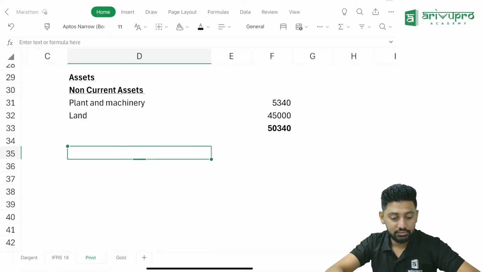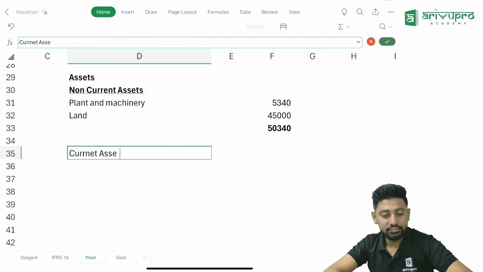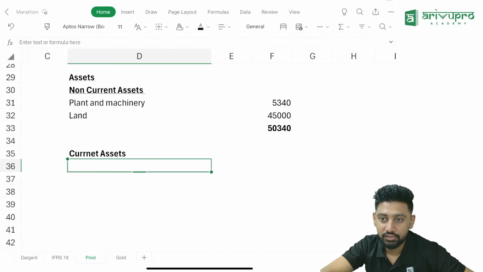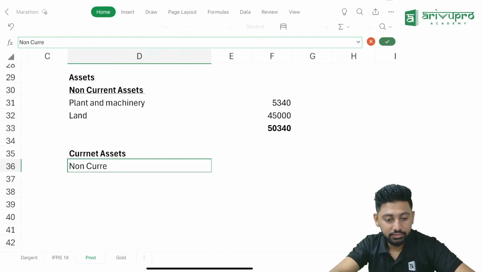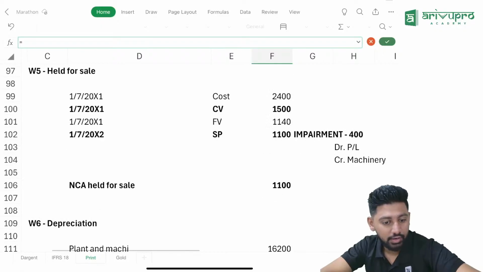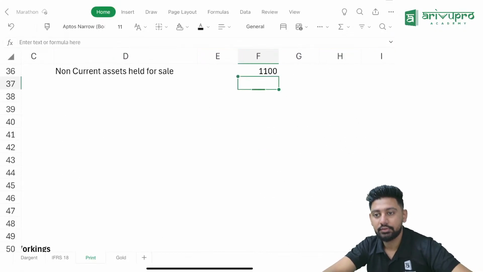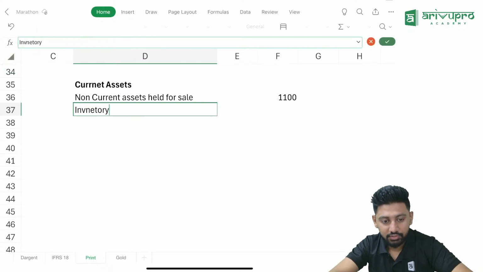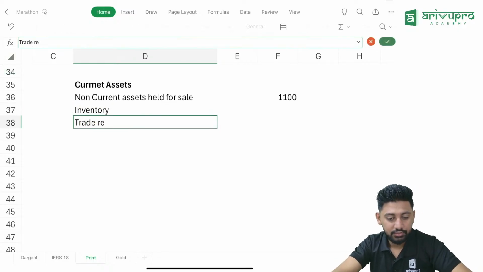Then I have my current assets, and under this I won't forget non-current assets held for sale, which we already took the total and kept it down, 1100. And then we've got inventory, trade receivables.